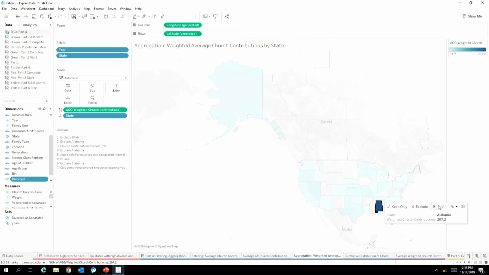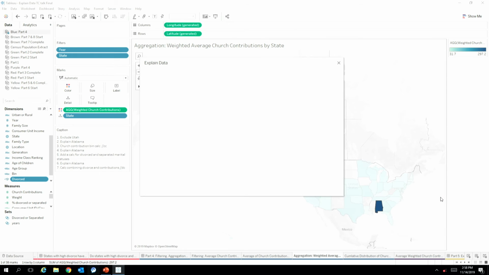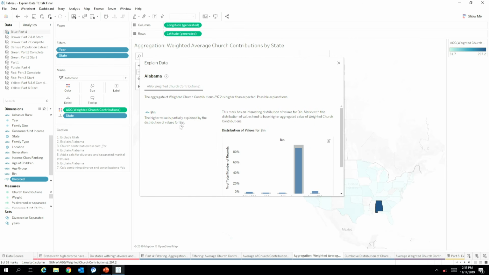All right, so let's explain data. What happens? And so we know it's going to come up with this explanation for the bins, but it hasn't actually come up with divorce as an explanation. I wonder why. Well, it could be that divorce isn't in aggregate interesting as an explanatory field, but when considered in combination with something else, it may be interesting.